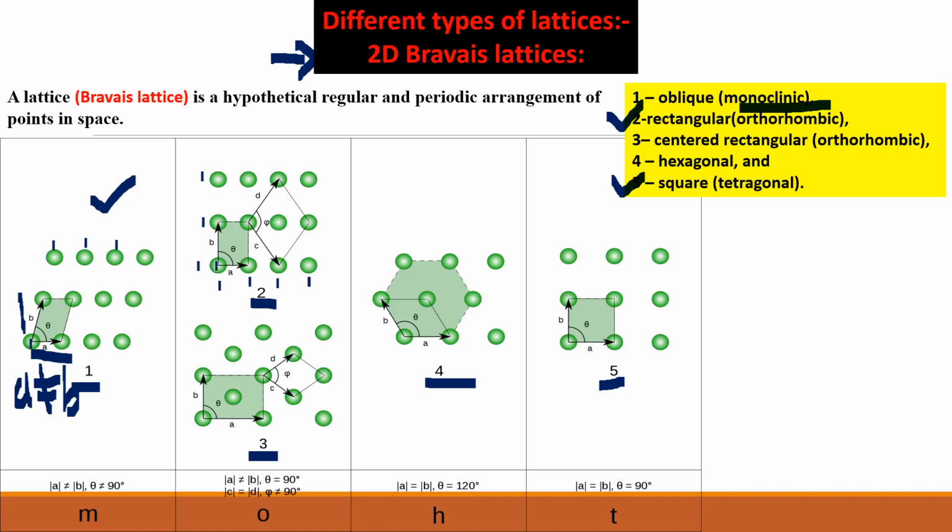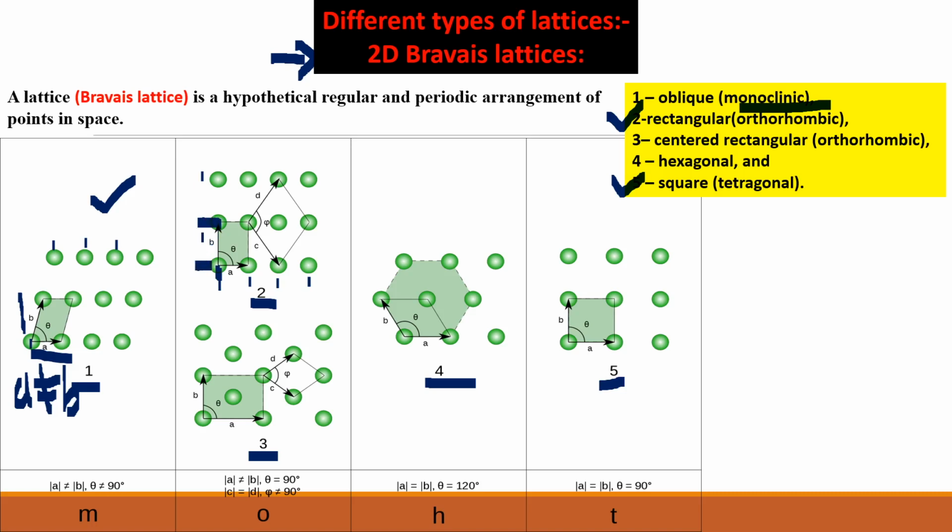If we trace the axes from the origin towards the A direction, the length along a is not equal to the length along b.